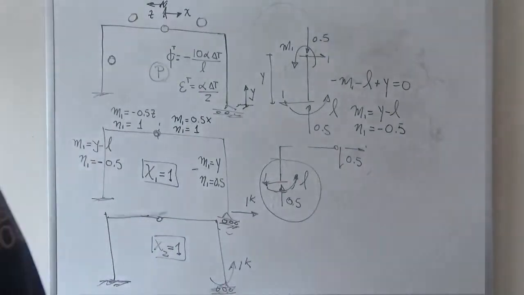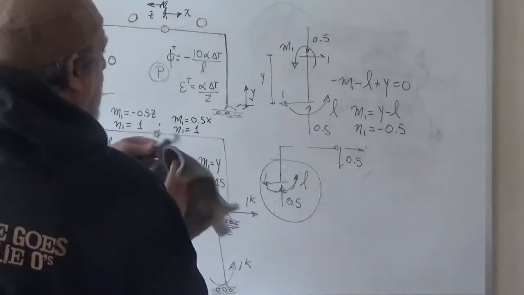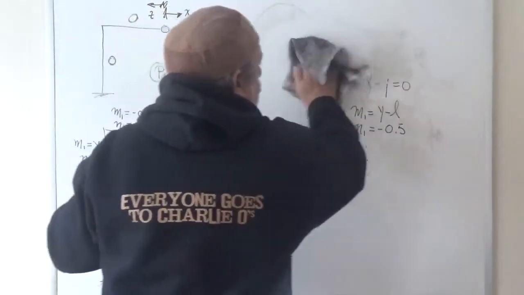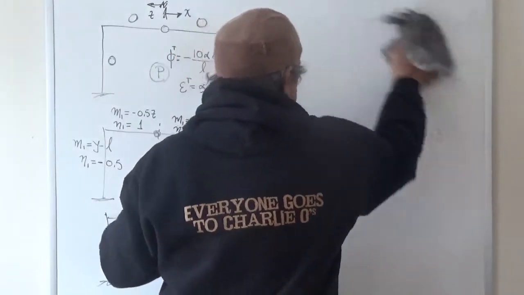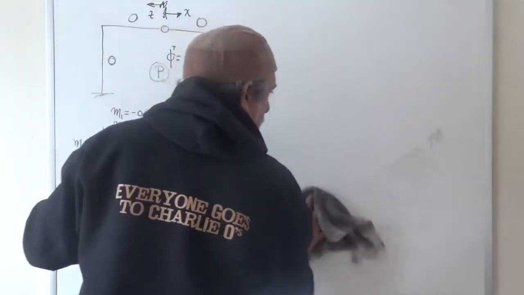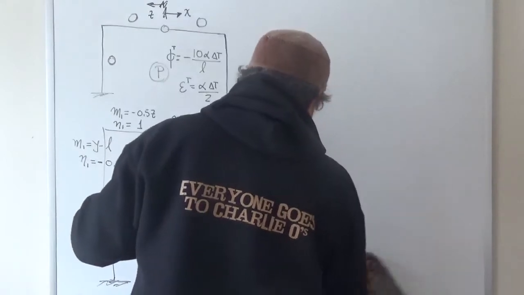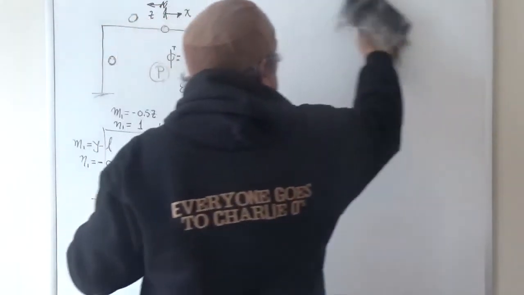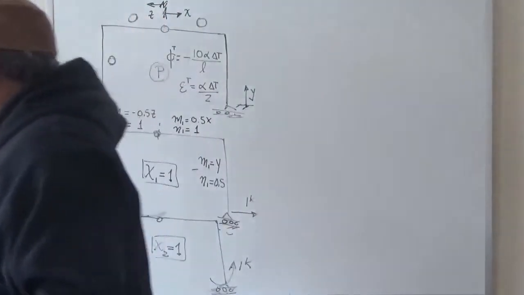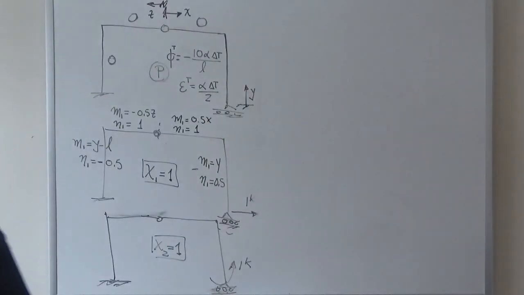We can erase the right side of the board, give ourselves room to work with the other one. Okay, so the same routine, except we're now doing the x2 equal to 1 sketch.